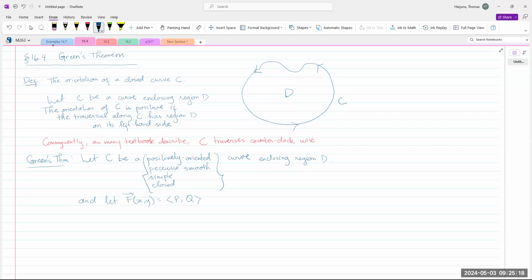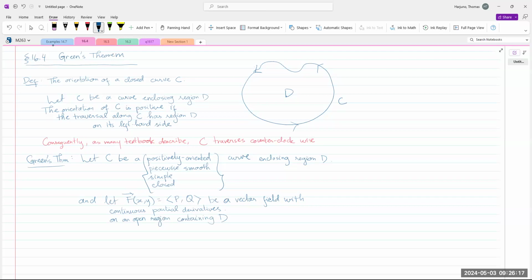Let this vector field have continuous partial derivatives, which means you can do ∂P/∂x, ∂P/∂y, ∂Q/∂x, ∂Q/∂y, on an open region containing D.